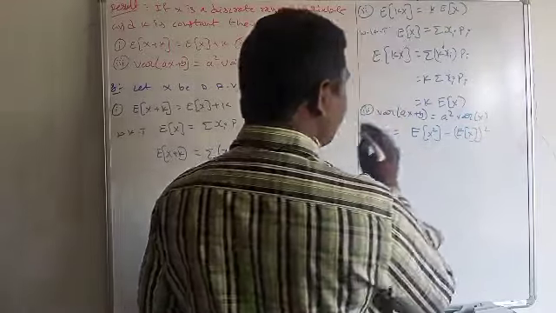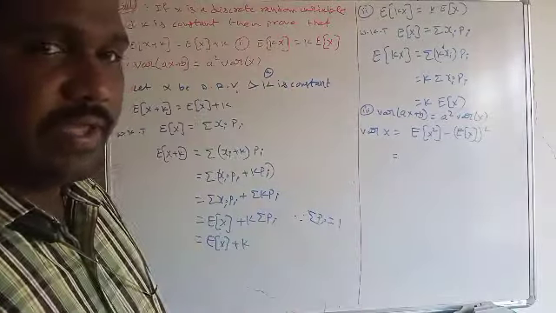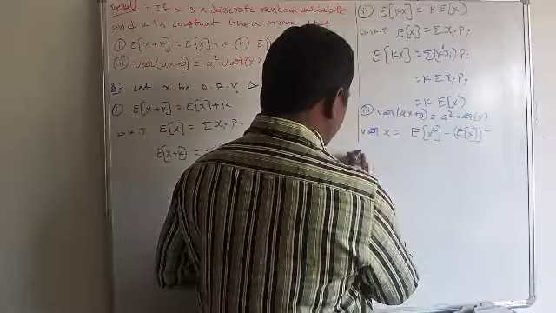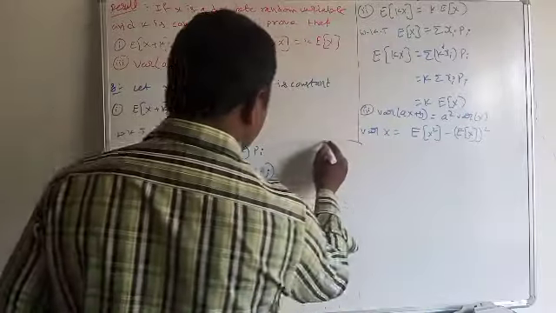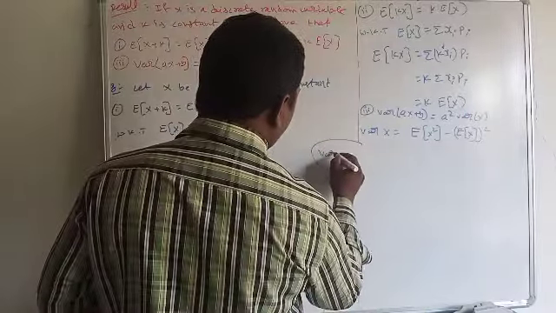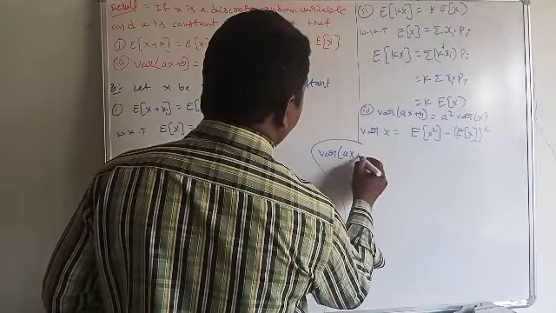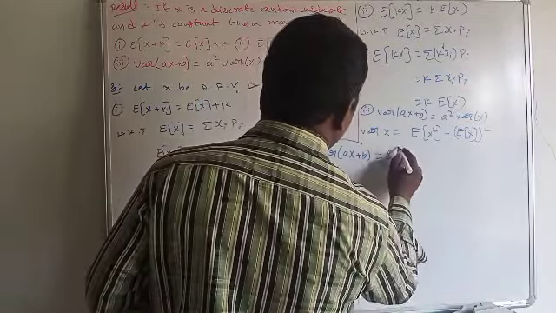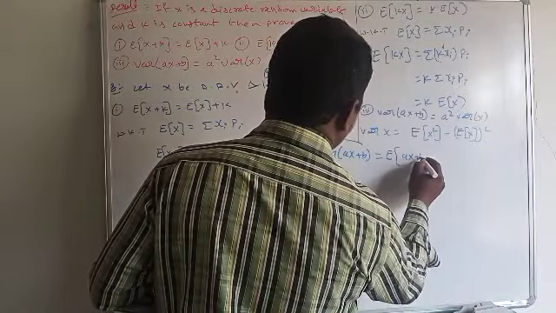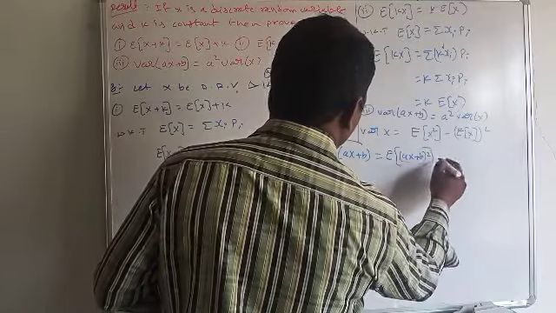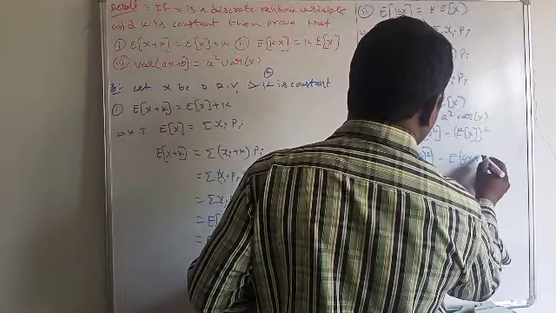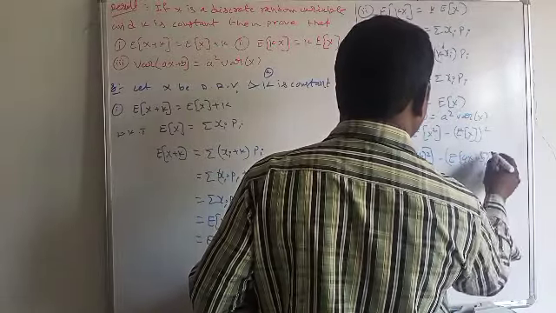And this implies variance of x; we want variance of ax plus b, and this is known as the expectation of ax plus b whole square minus expectation of ax plus b whole square.